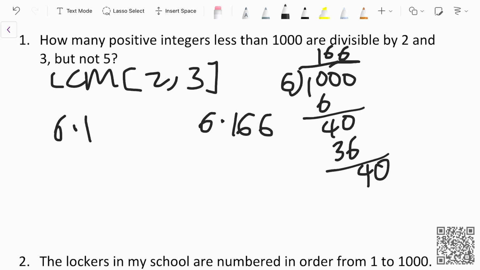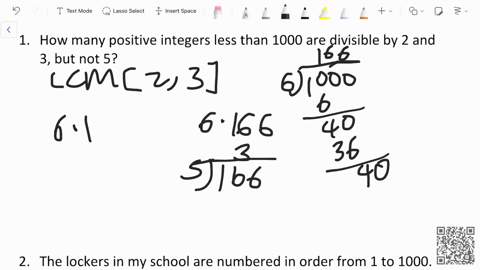We know the rule of divisibility for 5: a number is divisible by 5 if it ends in a 5 or a 0. The first multiple of 6 that is also divisible by 5 is 6 times 5. The second is 6 times 10, and so on. You can notice that there's a pattern of 5, so we divide 166 by 5.